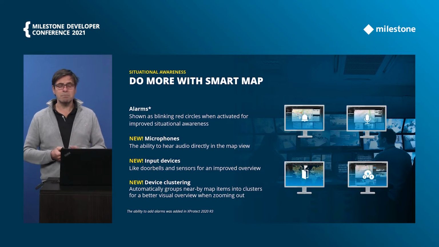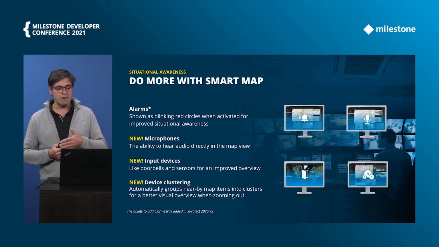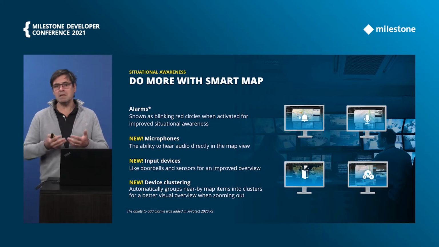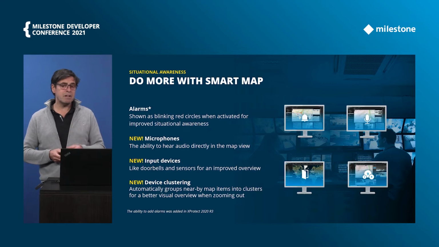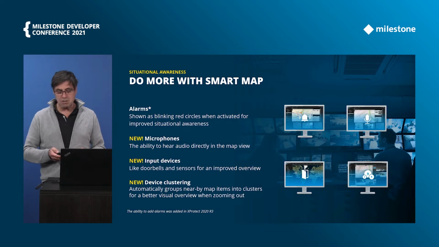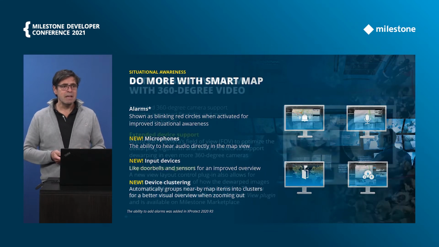So here we now support, apart from alarms, microphones, input devices, and device clustering for better navigation when you zoom in and out in the map environment. And this can be very good for you as technology partners if you want to augment your devices into the smart map and make them actionable as a part of the overall video management system.